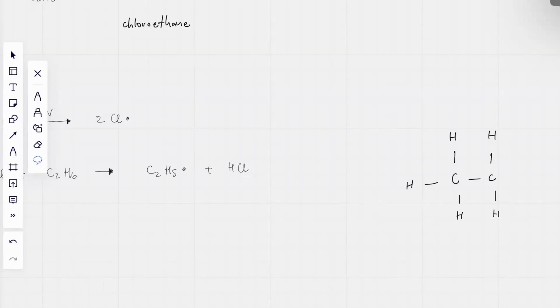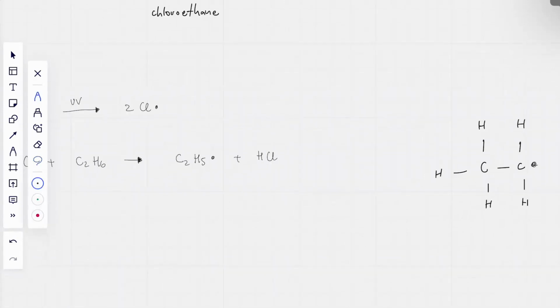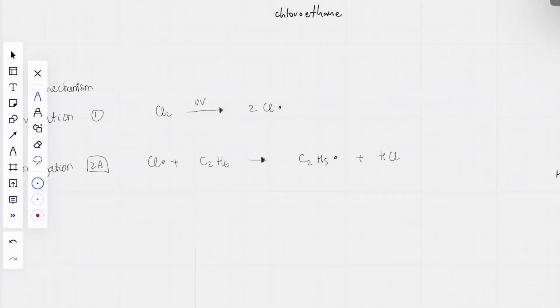Then you mark the extra electron here. Okay. That is 2A. Then 2B is this C2H5 radical plus Cl2 turning into Cl radical plus C2H5Cl.